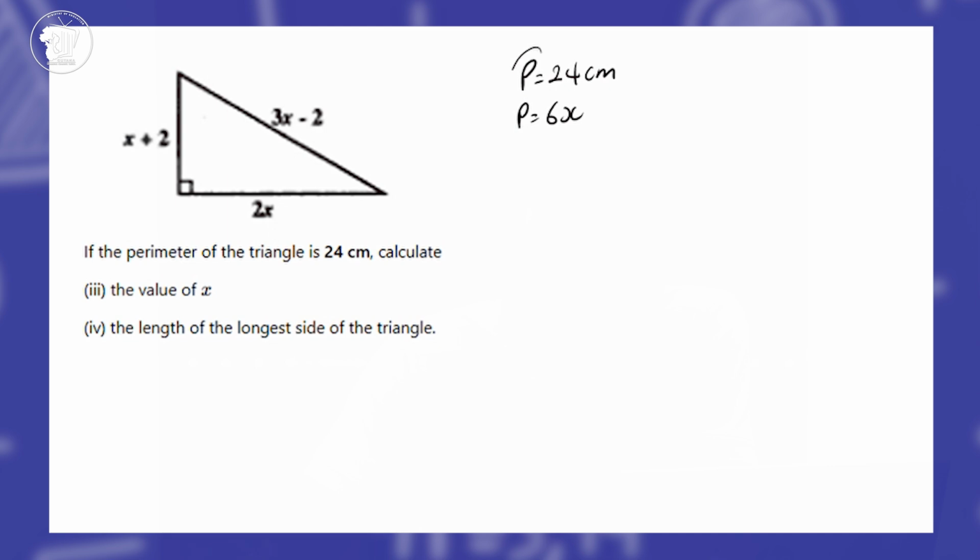So we say 24 is equal to 6x. Then we solve for x. The 6 is multiplying, so we take it over and divide: 24 divided by 6 is equal to x. Therefore x is equal to 4.